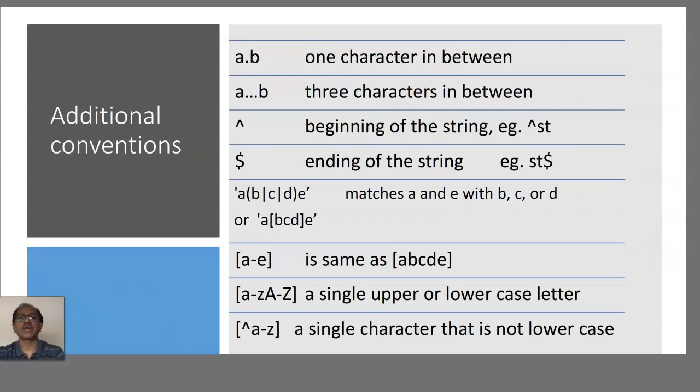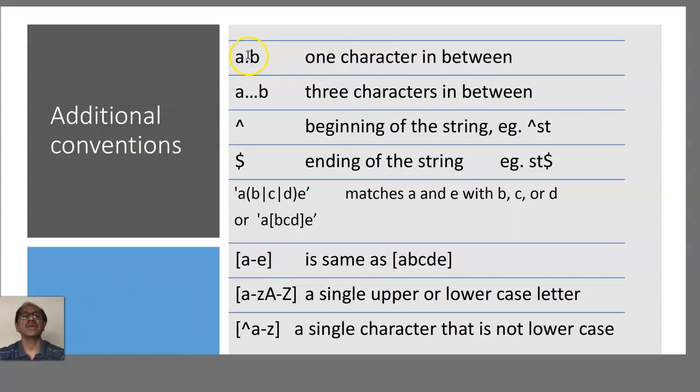We have more conventions to have patterns of matching, or regular expressions. Here are a few. A dot B. When you say A dot B, there are 2 characters A and B in that sequence, and dot represents one more character. That is, there is one more character between A and B. Remember, we used A dot star B earlier, where star represents 0 or more.